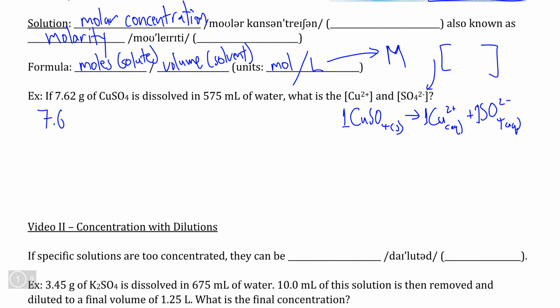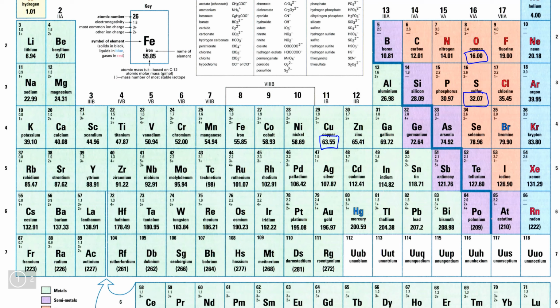The problem is that our initial measurement of copper 2 sulfate is given in grams, where our concentration formula requires us to use moles. So we need to figure out what the molar mass is and multiply by 1 mole over that molar mass. So let's go to our periodic table. We see that the molar mass of copper is 63.55, molar mass of sulfur is 32.07, and the molar mass of oxygen is 16.